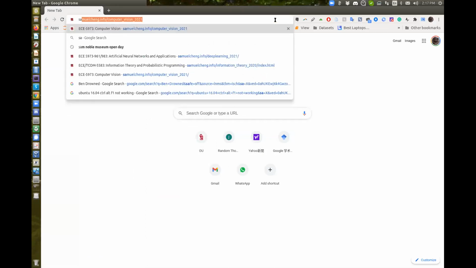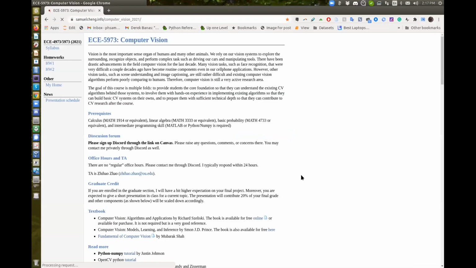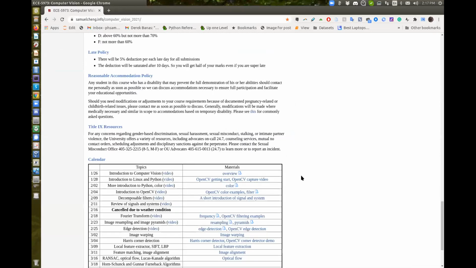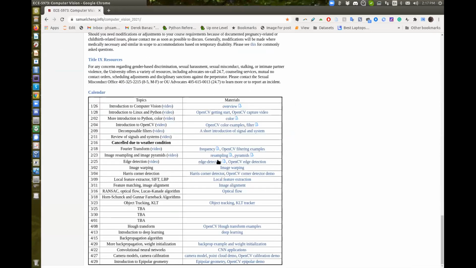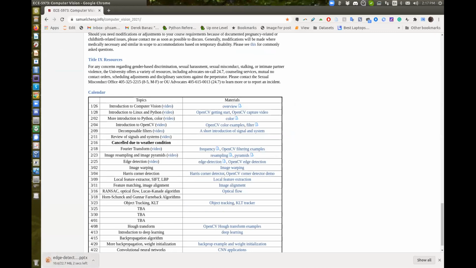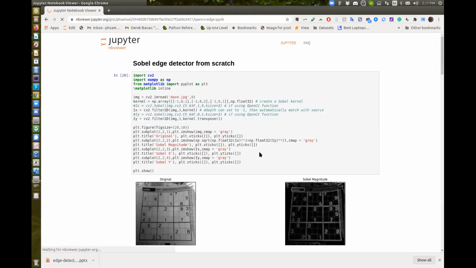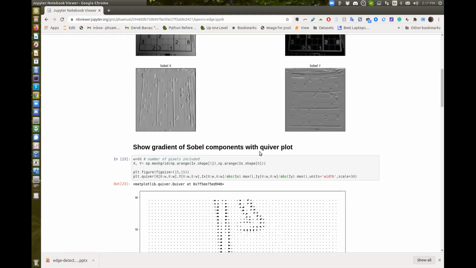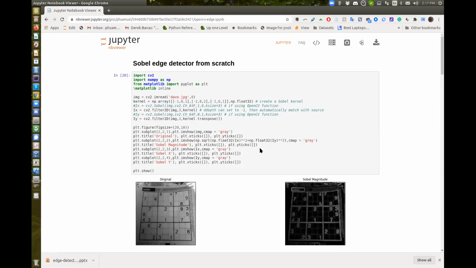Which one is that? It's edge detection. OpenCV edge detection. Yes, in this notebook we need the image file dave.jpg. Let me put it somewhere, or maybe I will update this link here so that you can get it. Okay, thank you.